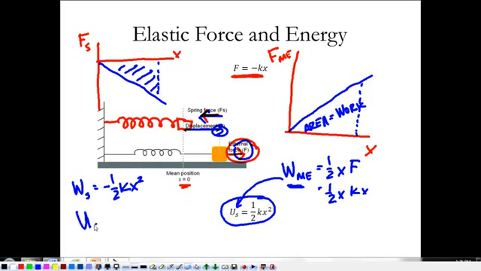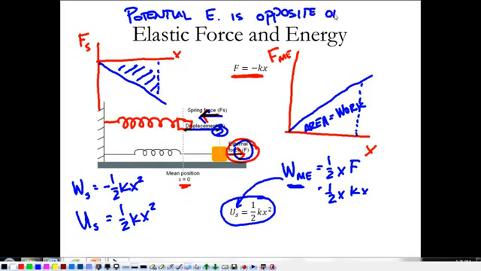So the potential energy stored in the spring is going to be 1/2 kx squared, and it's positive because, again, potential energy is the opposite of the work done by, in this case, a spring.